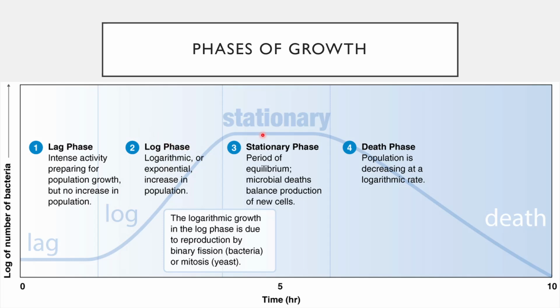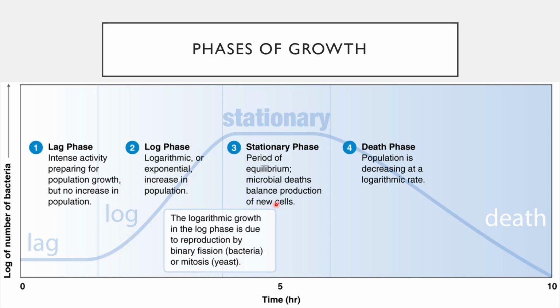The third phase is called the stationary phase. At some point, the population of microbes reaches a point where it is under strain with the available nutrients left in the environment, and in the stationary phase, while microbes are still dividing, the number of microbes that are dying is equal to the number of microbes that are being created.